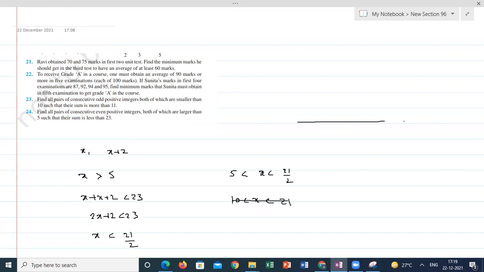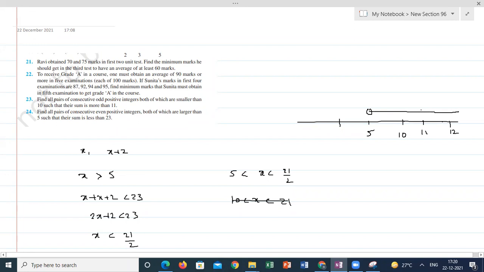So on the number line it will be like this. It is 5, and the upper end is 10.5. Sir, even 10 and 12 will come. Correct, because your x is 10, so x plus 2 is allowed here. So the common interval is like this.